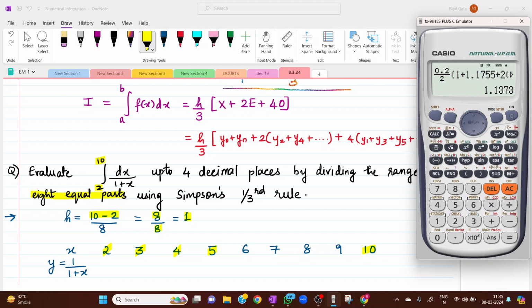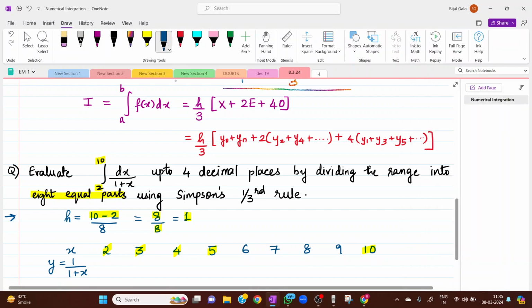So we have 1 over 1 plus 2. Put 2 in place of x. First value, and we'll take the value in decimal, up to 4 decimals. So 0.33, that was a recurring thing. So 0.3333. Okay, the first value.